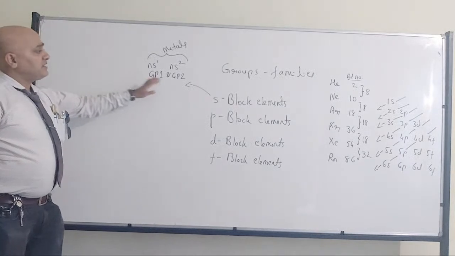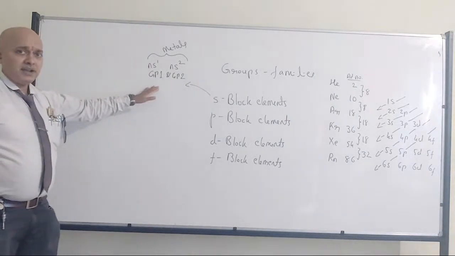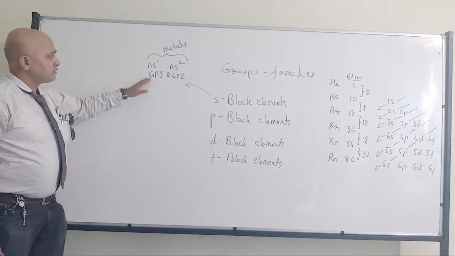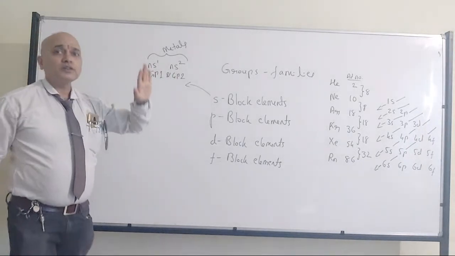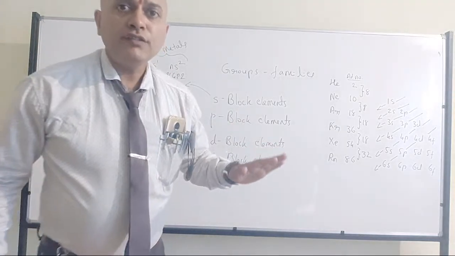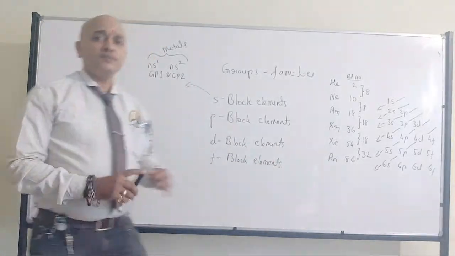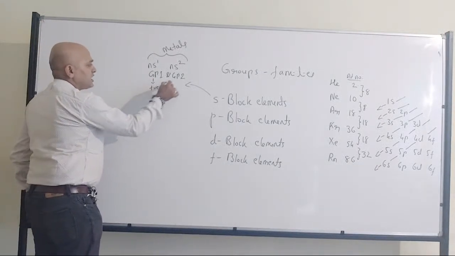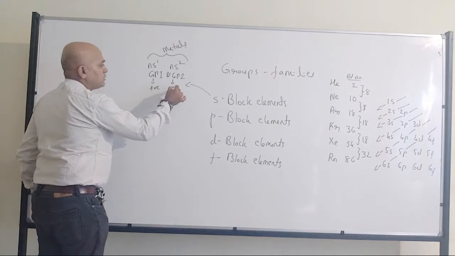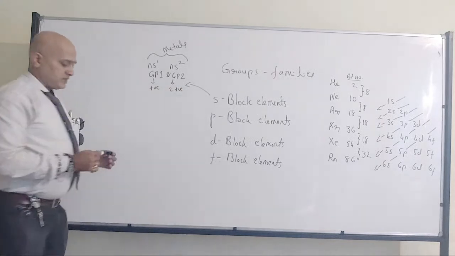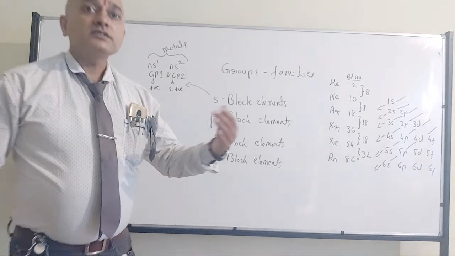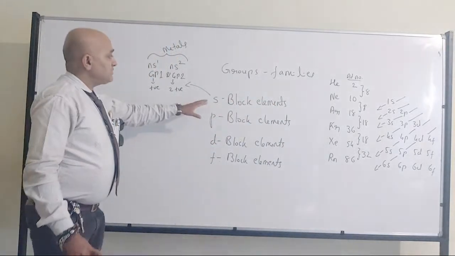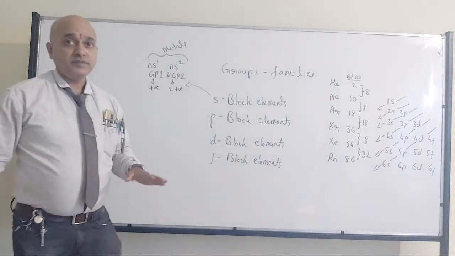So that's where we have the S block elements with general electronic configuration ns1 for group 1 and ns2 for group 2. One can go with a 1 positive charge, another with a 2 positive charge, like sodium Na plus, magnesium plus 2. That's where we have the S block.